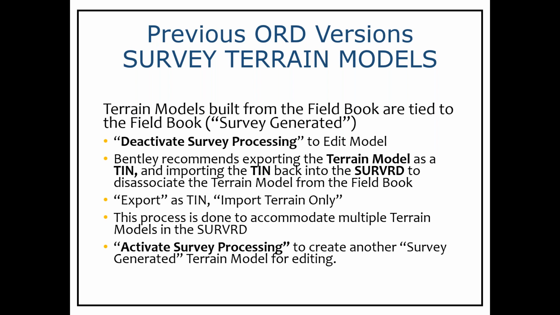The only other way to do that would be to build them all simultaneously, if you had many intersections, and then edit them all. And we did see a lot of that. So building a standalone was one way to get around that, especially in situations where you don't know if the limits of the project are going to expand, and they frequently do. Okay. So this process is done to accommodate multiple terrain models. Activate survey processing to create another survey generated terrain model for editing.